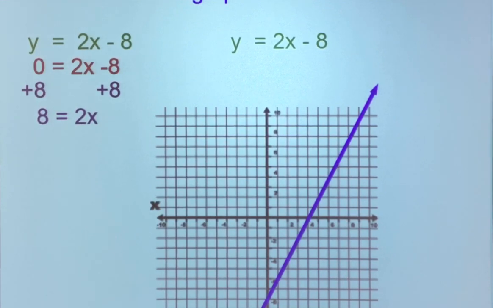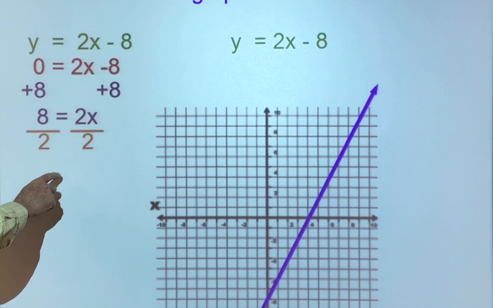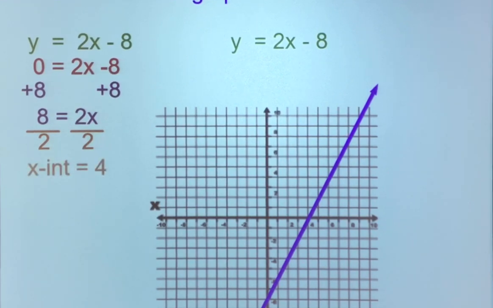Our next step would be to divide both sides by 2.